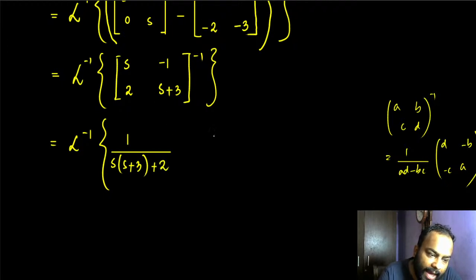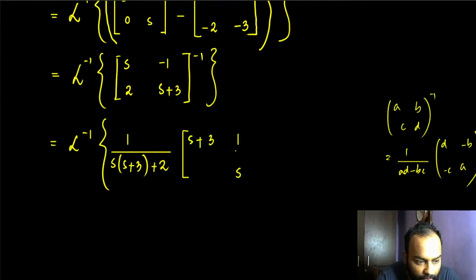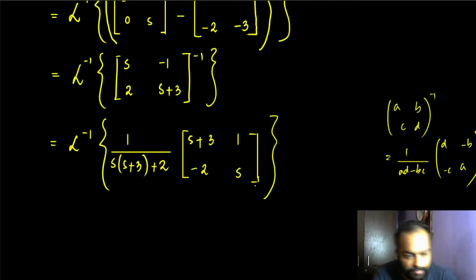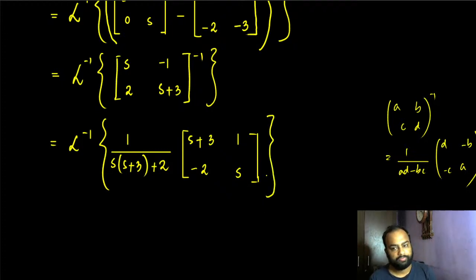And here we have to have that particular inverse, just the cofactor matrix correspondingly. So this is going to be s plus 3, this is going to be 1, this is minus 2, this is s. So we have taken care of the inverse here. Any confusion up to this point? No problem there, I hope.